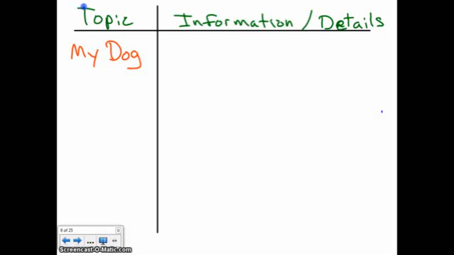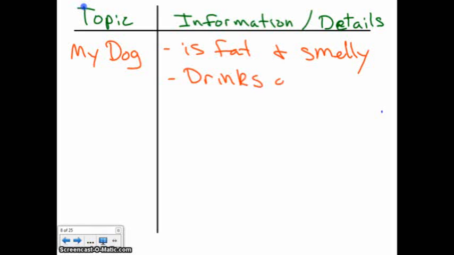For example, my dog is fat and smelly. Okay? And this dog likes to drink out of the toilet. Okay? So that's information about my dog.